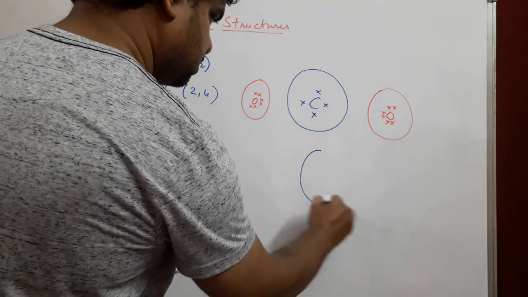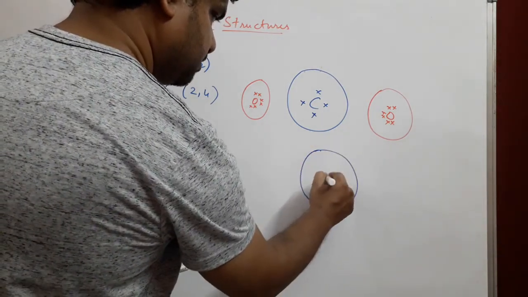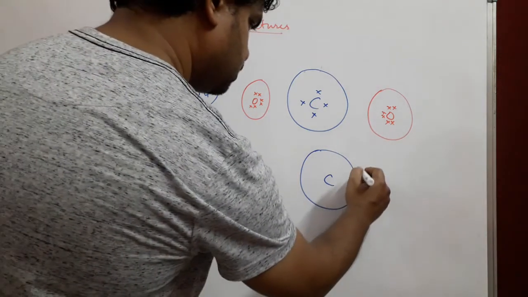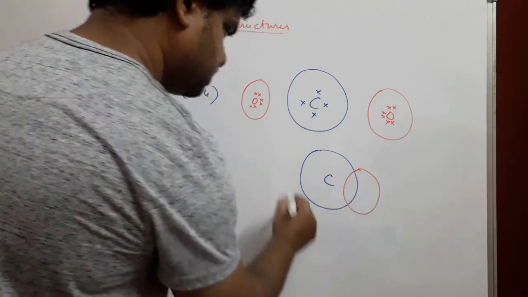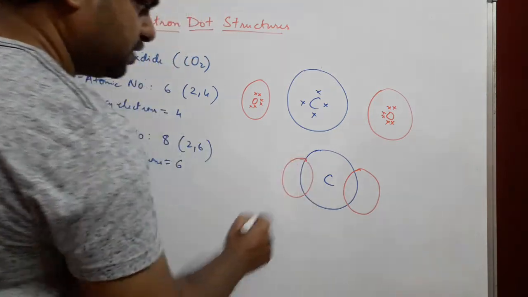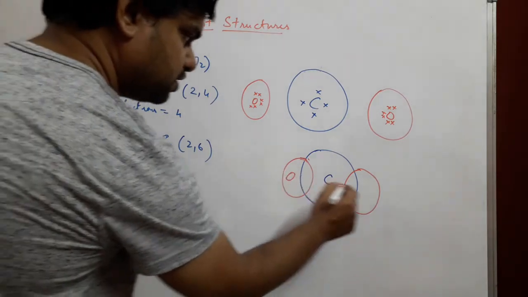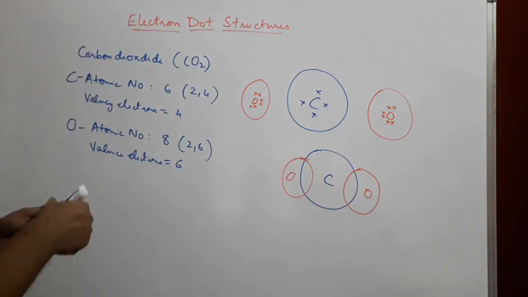So we draw the carbon atom once again, mark the carbon over here. Okay, and then we'll draw the overlapping sequences. Here you go, they are overlapping. So these are 2 oxygen atoms, oxygen and oxygen overlapping with each other.